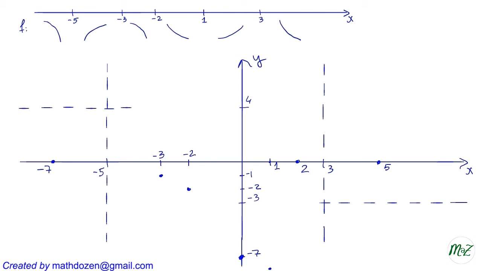So now we can start drawing the shape of the graph that follows the description. So the graph should go through this point on this side, and it should satisfy the description that we have, so it should be of this shape. It should cling to this horizontal asymptote, go through this point, and then cling to that vertical asymptote. So if you ask me, this is probably the shape that we should be getting.